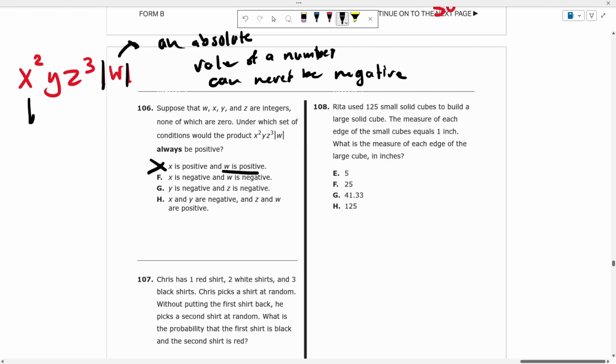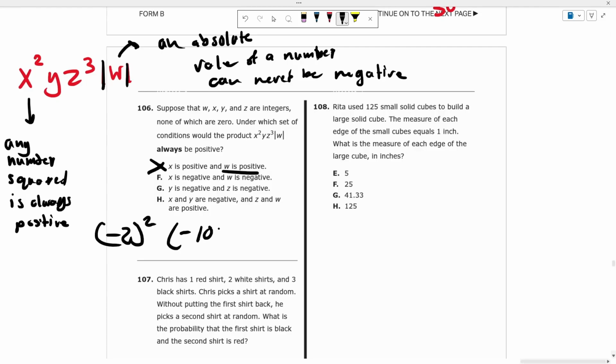Now here's the thing with x squared. Any number squared is always positive. So it doesn't matter if x is equal to negative 2 or if x is equal to negative 1,000. Why? Because negative 2 squared and negative 1,000 squared are all going to give you positive answers, right? It's always going to be positive. So our answer choices should only really contain answers pertaining to y and z, because y can definitely be negative.